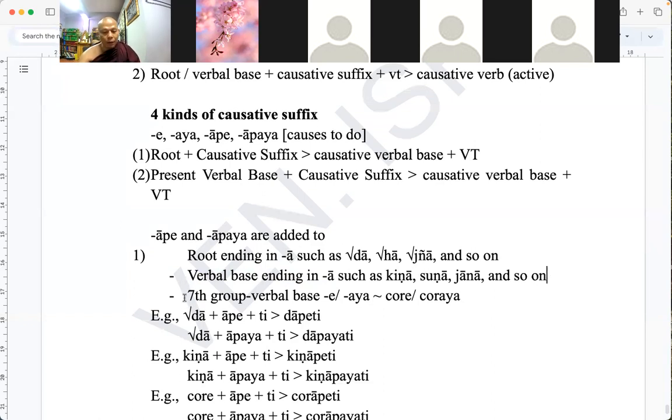And then the information is that to the seventh group vowel base, such as jore, joreya, or chinde, chindeya, to those, these apei and apaya suffixes are added.